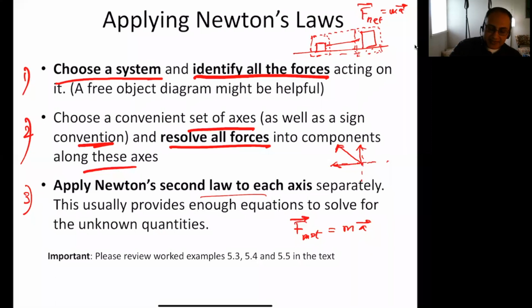Along the x-axis, this becomes F net x equals mass times the total acceleration in the x direction, and F net y equals mass times the total acceleration in the y direction. And this will usually give you enough equations to solve for whatever unknown you are looking for. So these are the three steps that you follow in solving any Newton's second law problem.